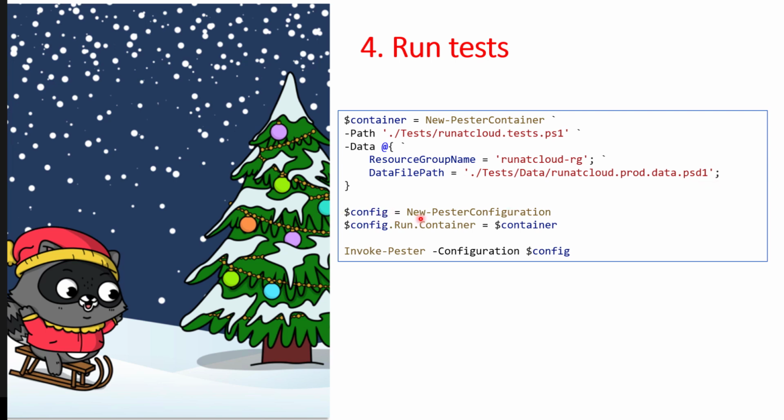Now we create another object of type Pester configuration, and in that configuration we specify this container. Okay, so we point to that container, and finally we invoke Pester with this configuration. So it's 3 steps: the container, the configuration, which references the container, and finally invoking Pester, referencing that configuration.